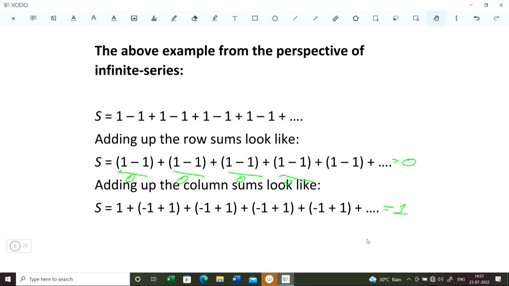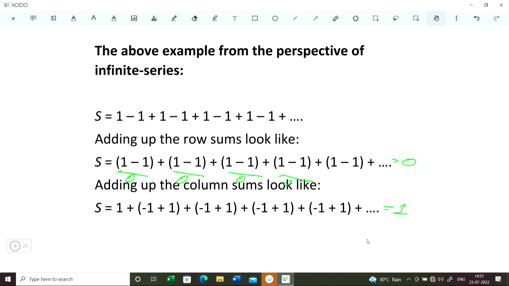Then, when you change the grouping of brackets, you get 1 plus, and you keep a bracket between -1 and +1. So can't we say that the groups are of odd numbers?